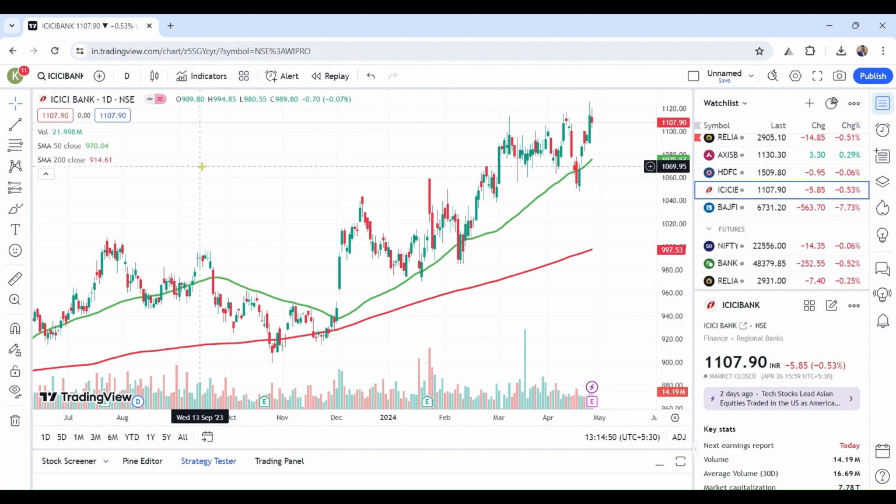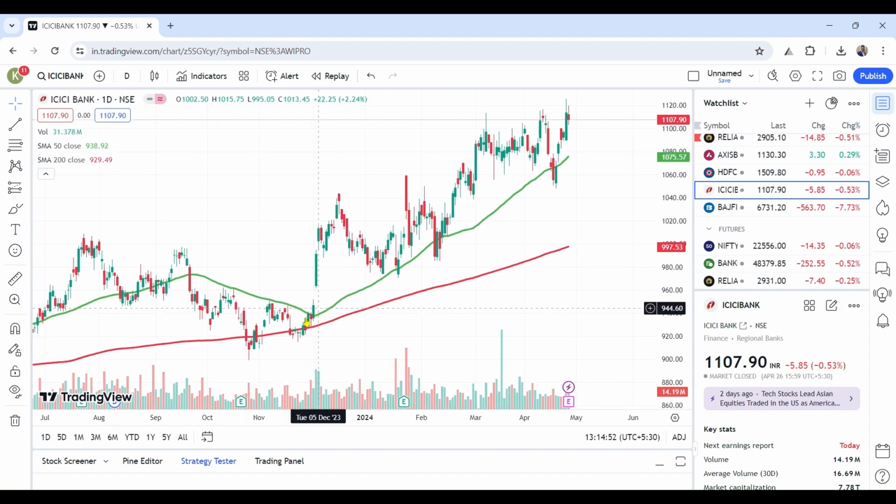You see here in this chart, whenever the price has come down and hit the 50-day moving average, it has again started going up. It has hit the line, started going up. It has hit the line, started going up. So these moving average indicators are also acting as a support level.